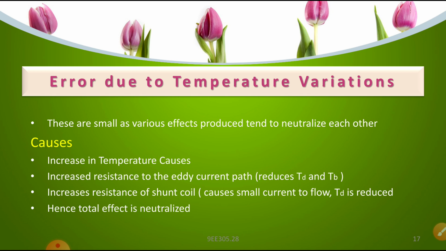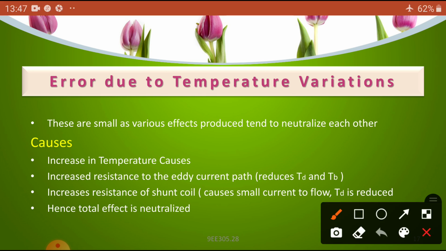Have you understood this one? Okay, I will explain, no problem. So here what has happened? Temperature increases. Then what is the increased resistance to the eddy current? The disc present is aluminum. Aluminum is a conductor with a positive temperature coefficient. If positive temperature coefficient, what will happen?